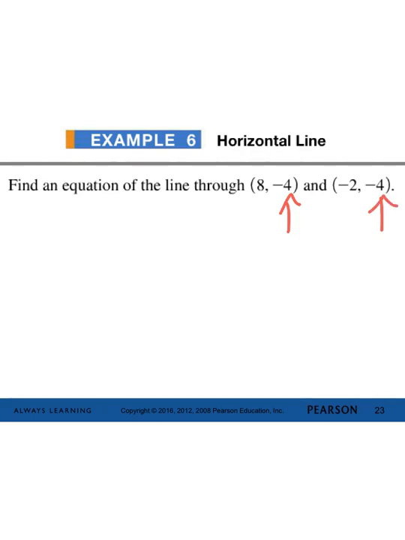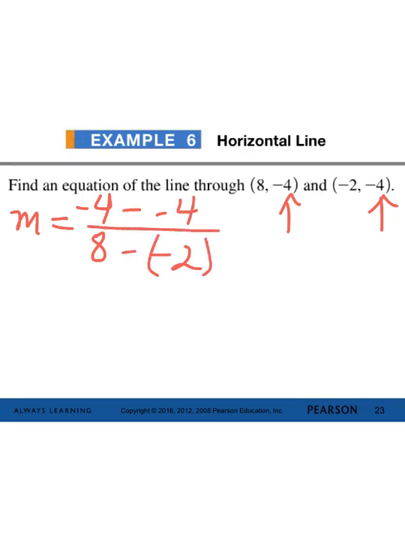So what that's going to cause to happen is you're going to find out that the slope in this case is going to be equal to 0 because we have 8, negative 4, and negative 2, negative 4. And when we do the subtraction, it doesn't matter that 8 plus 2 is 10, negative 4 plus 4 is equal to 0, so that tells you that your slope is 0.